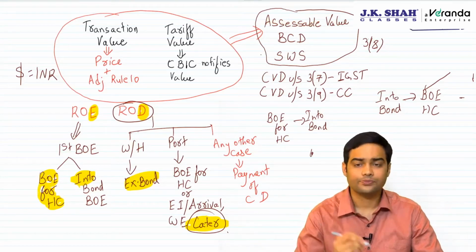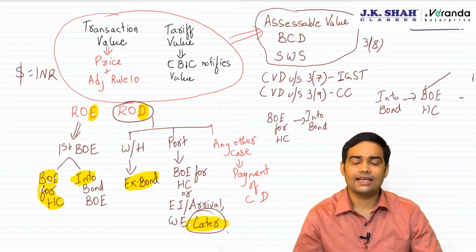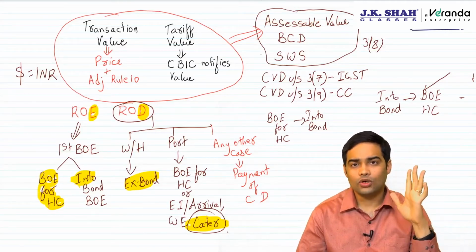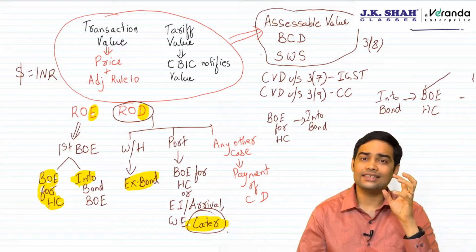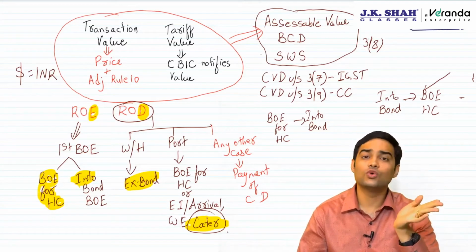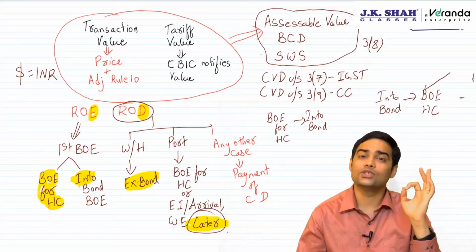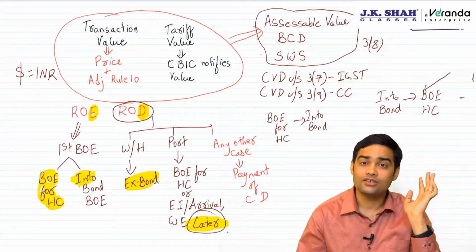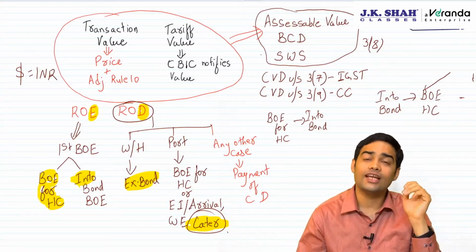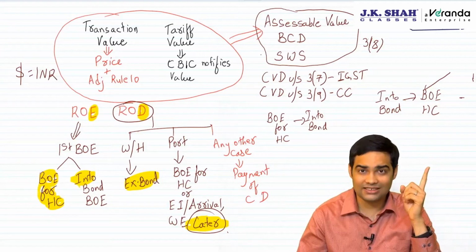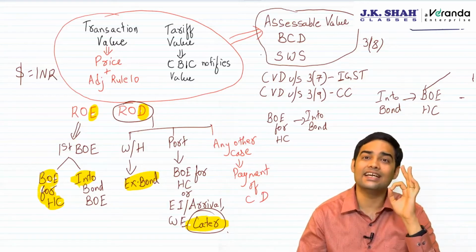Now, the first thing. In case of exports, you consider the FOB price because goods are going from India. In case of imports, you consider the CIF price. So it's a long journey. When I say it's a long journey, it starts from the exporter's premise and ends at the Indian port.